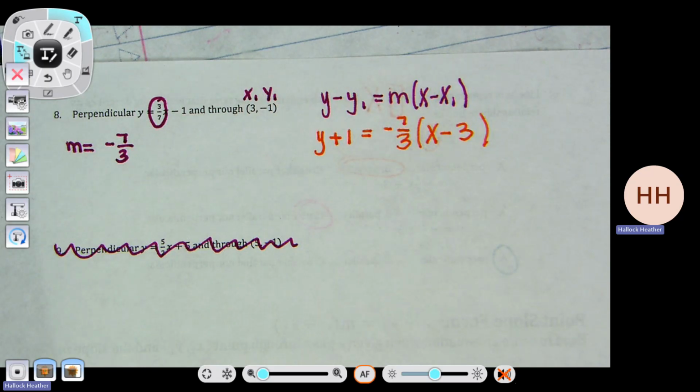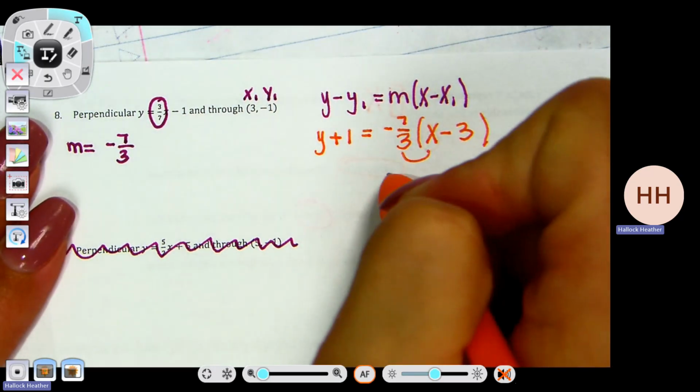Basically, what you want to do, I'm gonna put it in the fraction. Okay, so you're doing negative 7/3, distributing, so you're multiplying by the same.